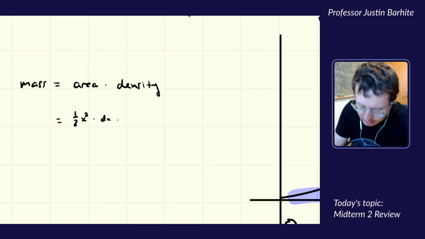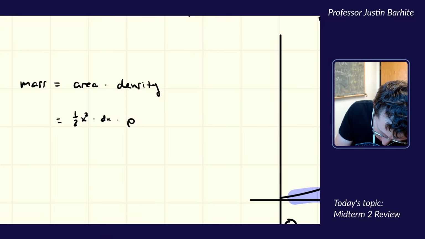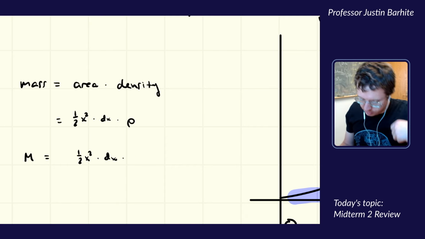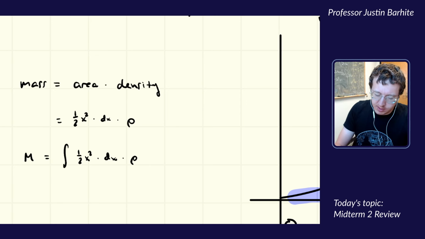And the density is rho. So the total mass is that thing. It's just the mass of the little rectangle, but we add up the masses of all the rectangles.